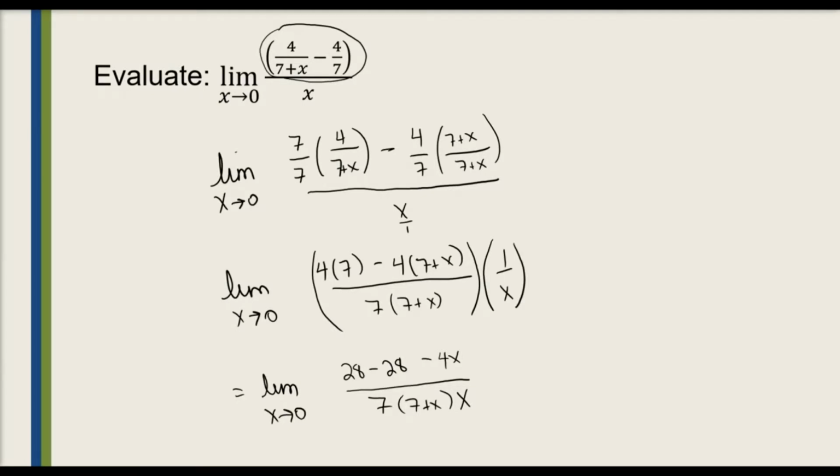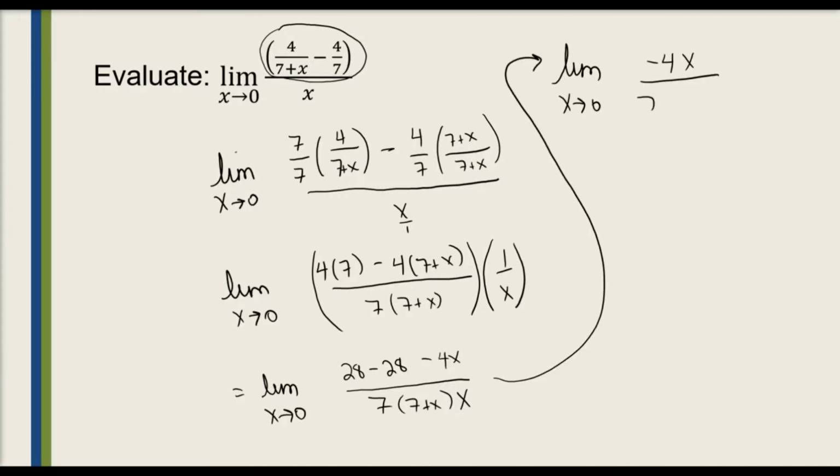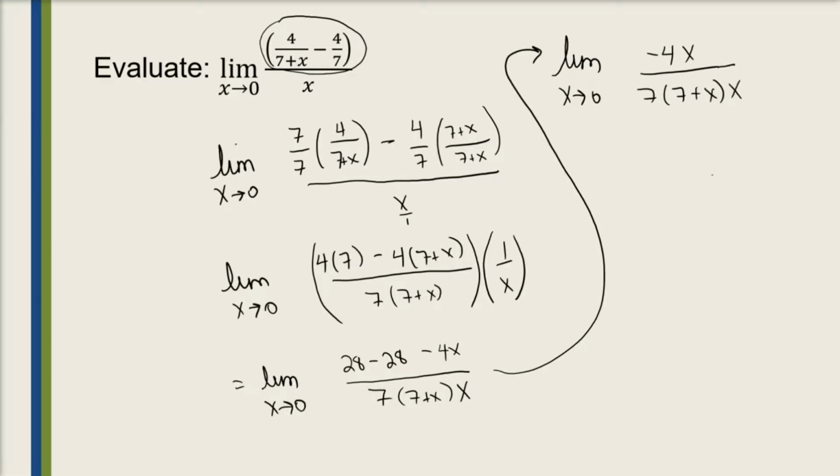We have the limit as x approaches 0 of negative 4x over 7 times 7 plus x times x.